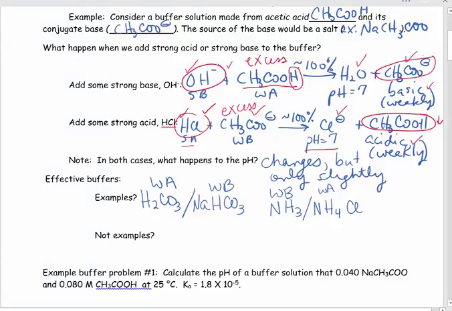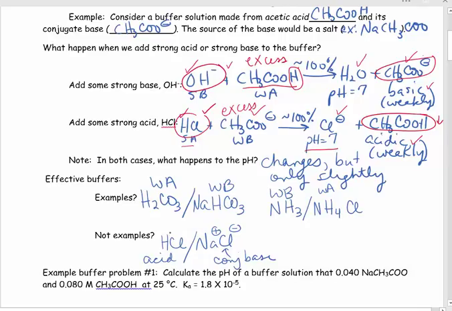Some combinations that would not be examples of a buffer, well, maybe something like HCl and NaCl. Okay, and the reason that this is not a buffer is because although we have an acid, HCl, in combination with its conjugate base, Cl-, HCl and Cl- cannot coexist in solution.